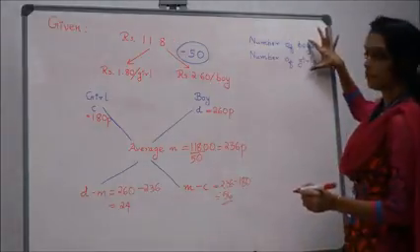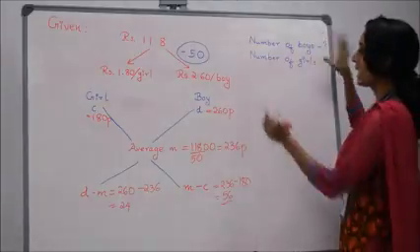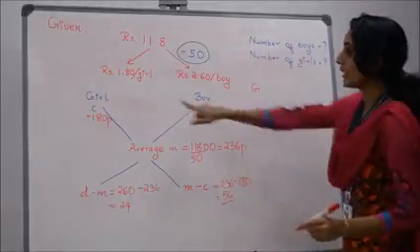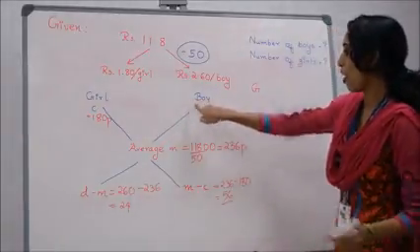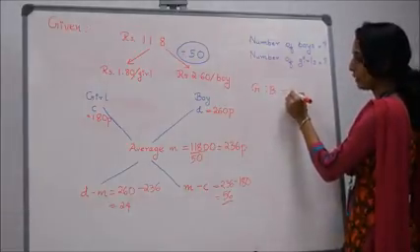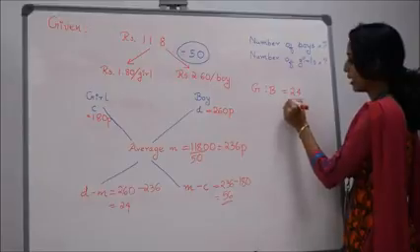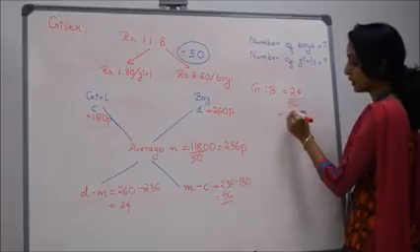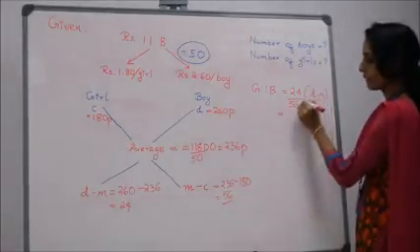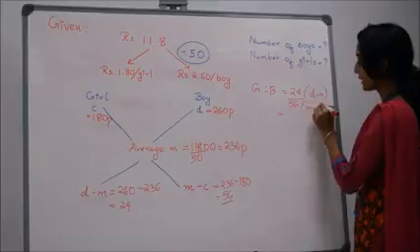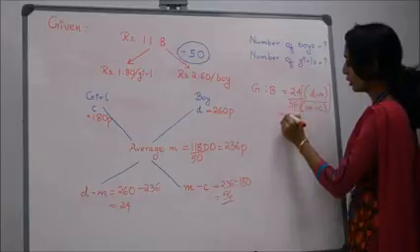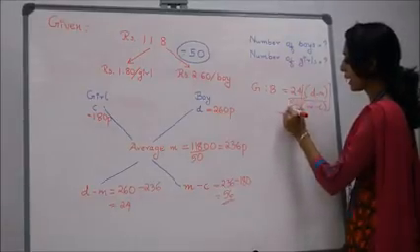So the number of girls is to number of boys is equal to 24 by 56, that is nothing but D minus M divided by M minus C, that is equal to 3 by 7.